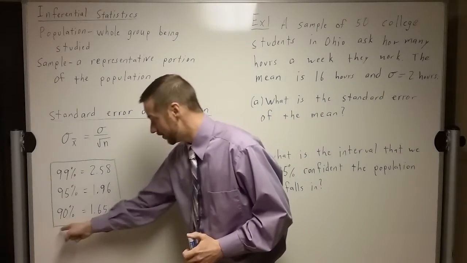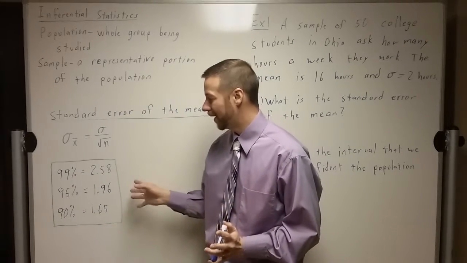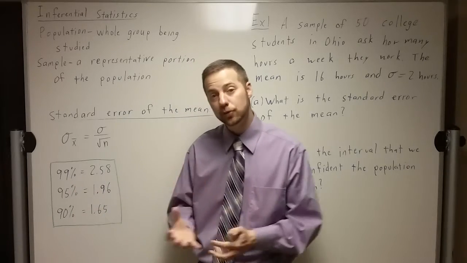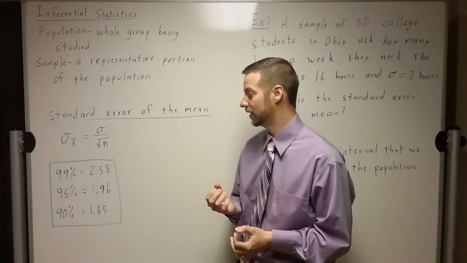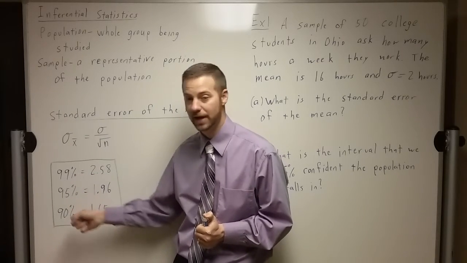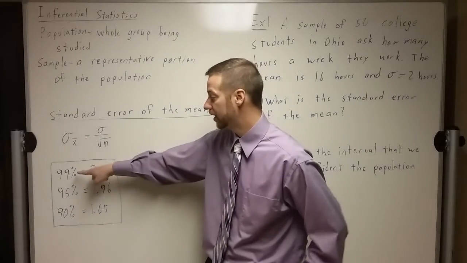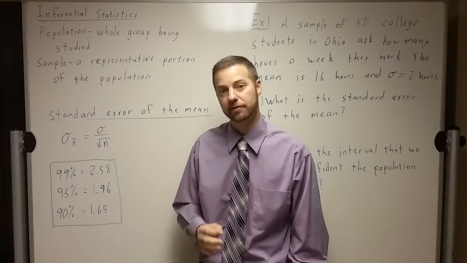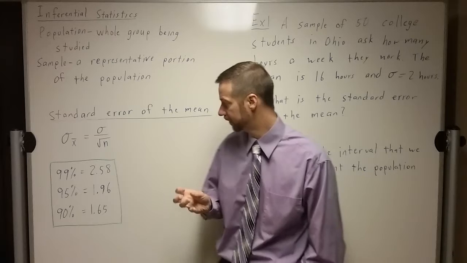Now, I could give you a whole table of these, but really the only levels of confidence that are used a lot in statistical analysis are 99% confident, 95% confident, or 90% confident. And so you could say a 1% margin of error, 5% margin of error, 10% margin of error to put those in different terms.